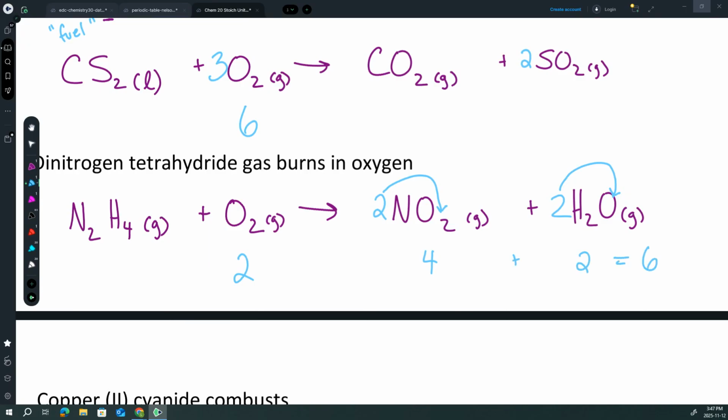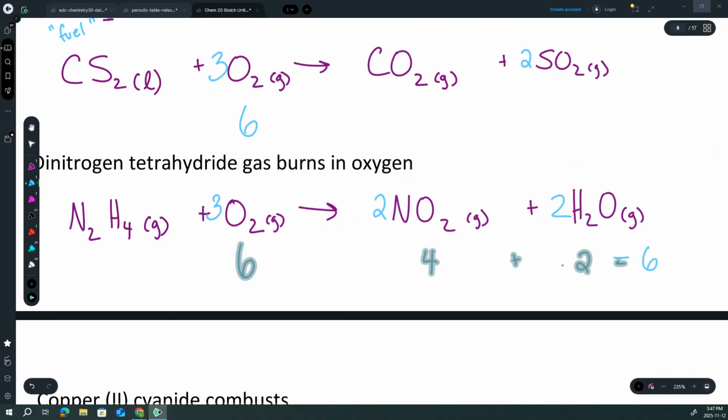So we have 6 oxygens on the product side. So now I'm going to ask myself, 2 times what is equal to 6? 2 times 3. So now we have 6 oxygen on the reactant side and 6 oxygen on the product side. So now everything is balanced.